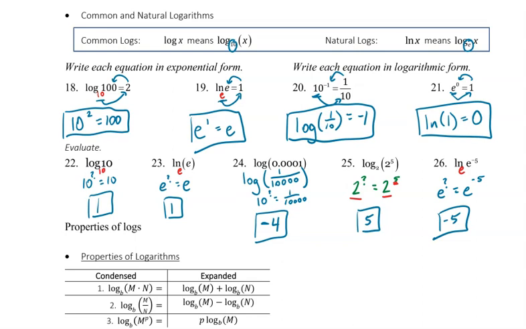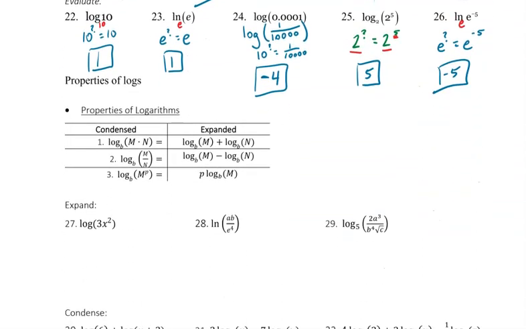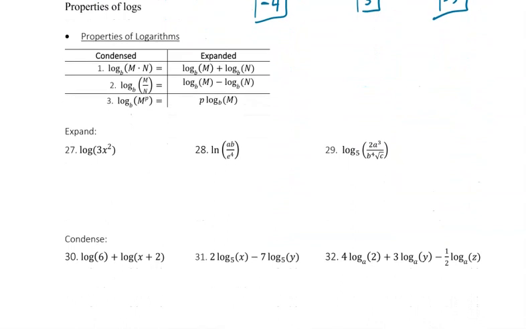All right, with those out of the way, we are ready to go on to some properties of logarithms. So there's 3 different properties that we need to know to be able to condense and expand logs. So the first one says that if you have 2 things that are multiplied inside of a log, you can split those out into 2 different logs and add the 2 logs.